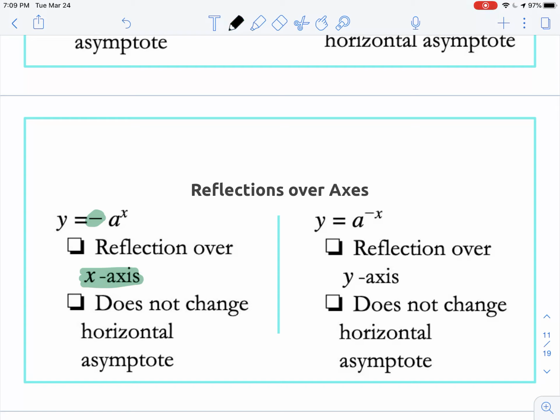In an equation, you might have something like this: y equals negative 2 to the x. And instead of being above the x-axis, now it's going to be flipped down below. And that horizontal asymptote stays in that same place.